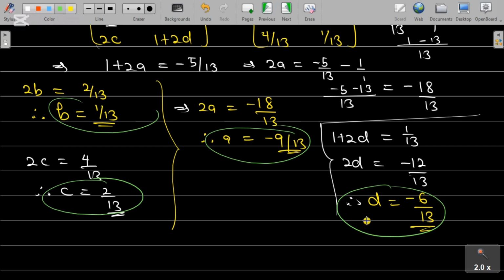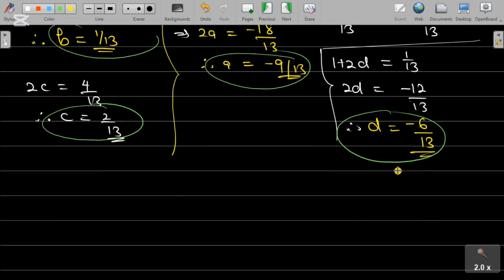Now you can put those 4 entries in one matrix to get your a. So our a is actually equal to the matrix, sorry, the entry a is minus 9 over 13. And then the entry b is 1 over 13. Entry c is 2 over 13.